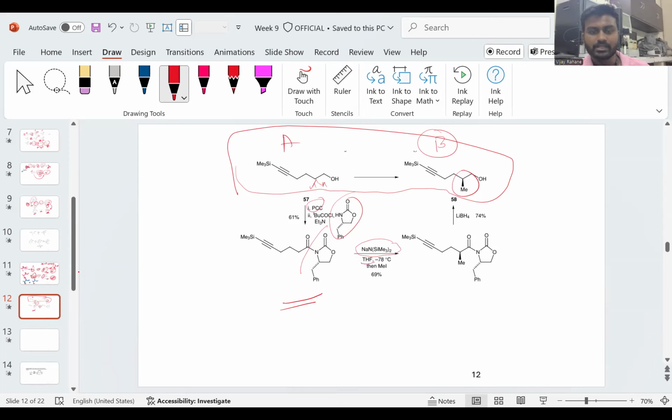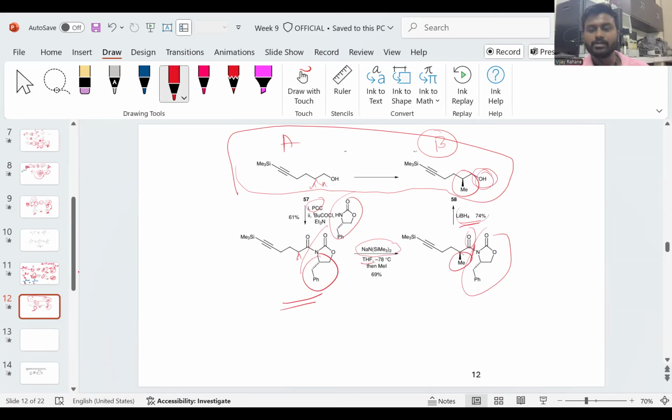So what this does, it abstracts the proton, and now you can see in the auxiliary, this CH2Ph group is directed downward. That's the reason this methyl group will come from the top. And upon treating with LiBH4, this entire chiral auxiliary gets cleaved, and the carbonyl group gets reduced. This carbonyl first gets cleaved, and then the formed aldehyde gets reduced to the corresponding alcohol.